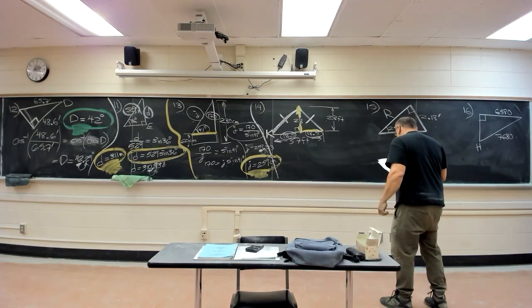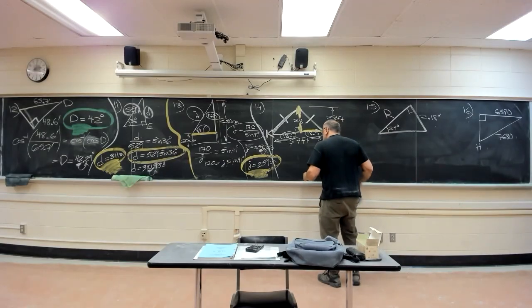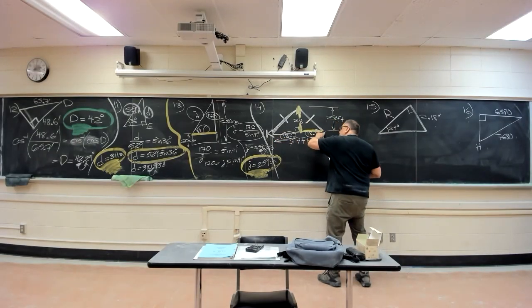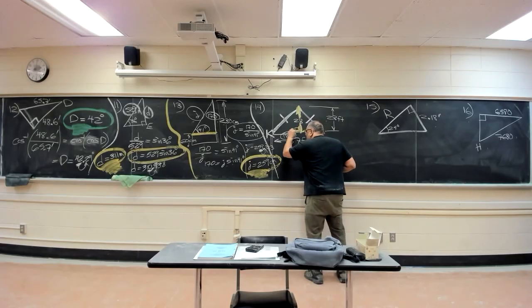Find k to the nearest degree. Either one's going to work, guys. The k happens to be here, but it's the same angle measure as it is over here. That's 18.5, the whole thing.